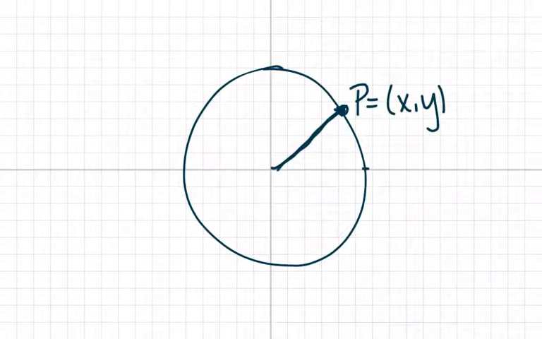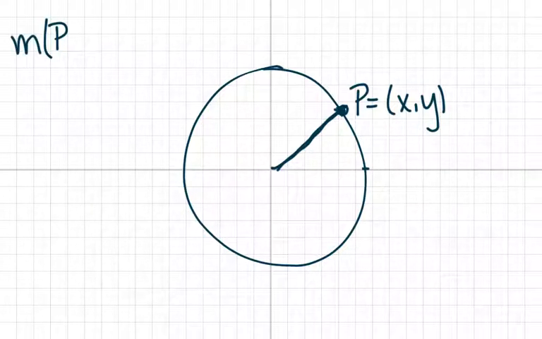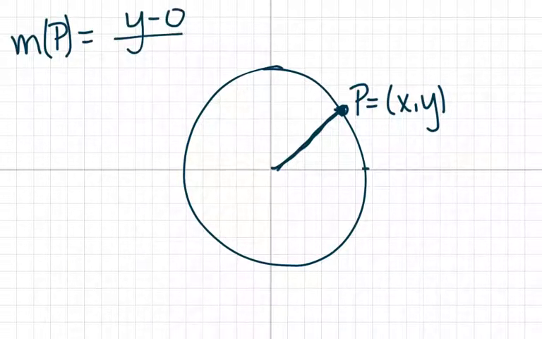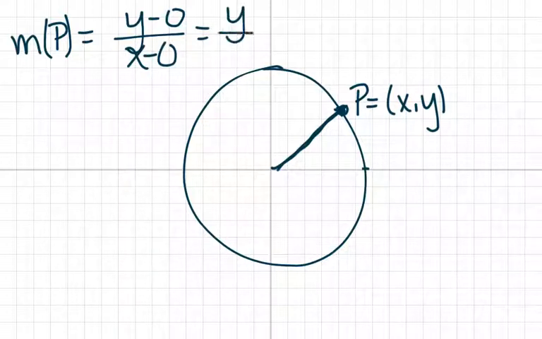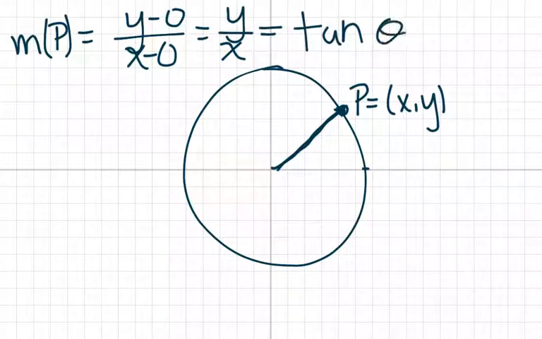Now let's go back to the point P on our unit circle and consider its slope. This point also goes through the origin, so the slope of our line that goes through P and the origin is y minus 0 over x minus 0, and that simplifies to y over x, which happens to be tangent of theta, for whatever theta might happen to be.